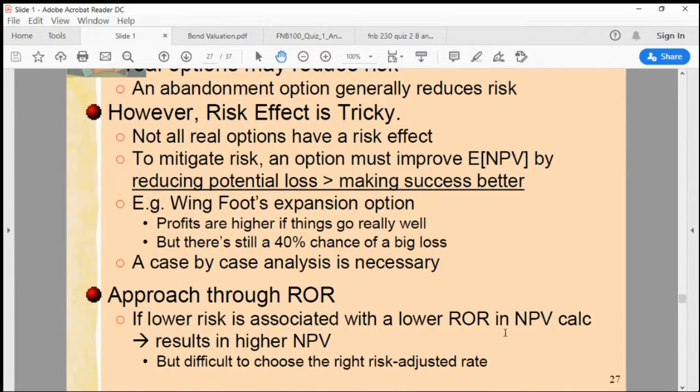In other words, cost of capital goes down due to different real options, right? The lower risk is due to lower K, cost of capital or rate of return in NPV calculation. If this discount rate is lower, it will result in higher net present value, right?